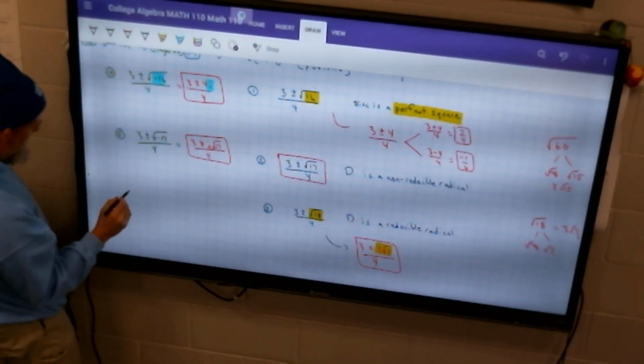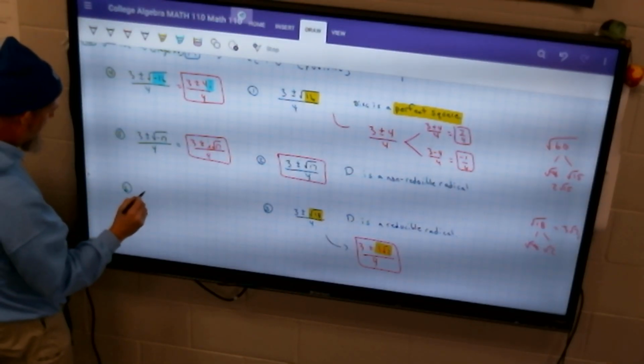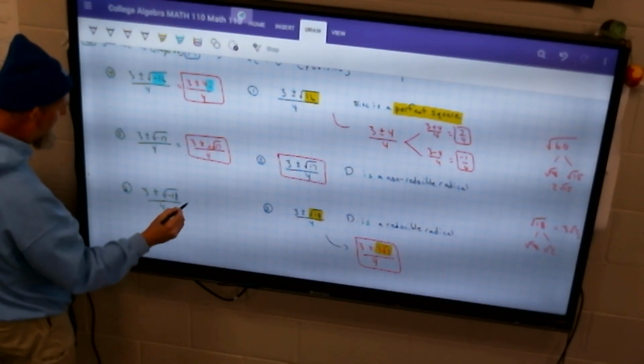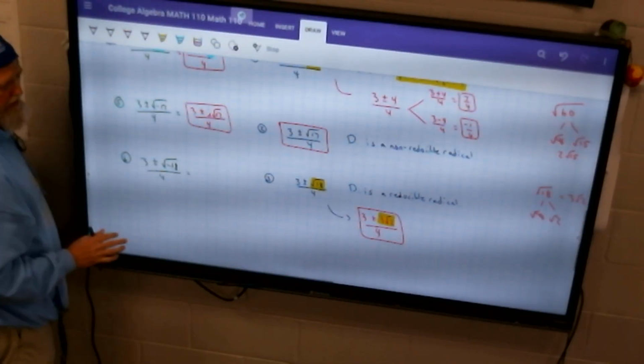Okay, number 6. 3 plus or minus the square root of negative 18 over 4. Now this is going to be what?